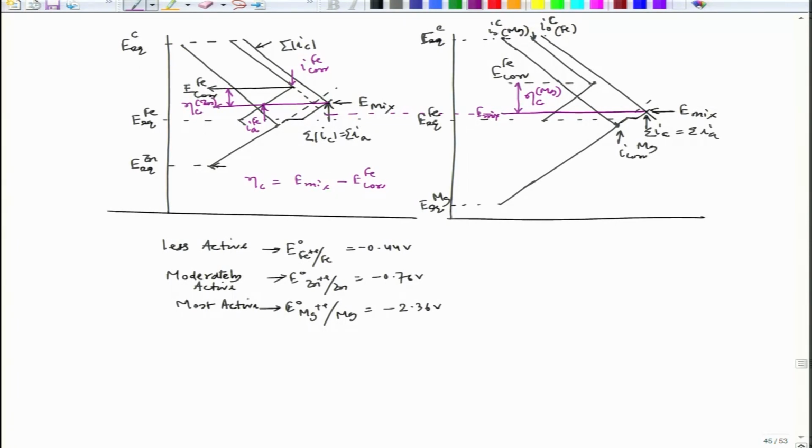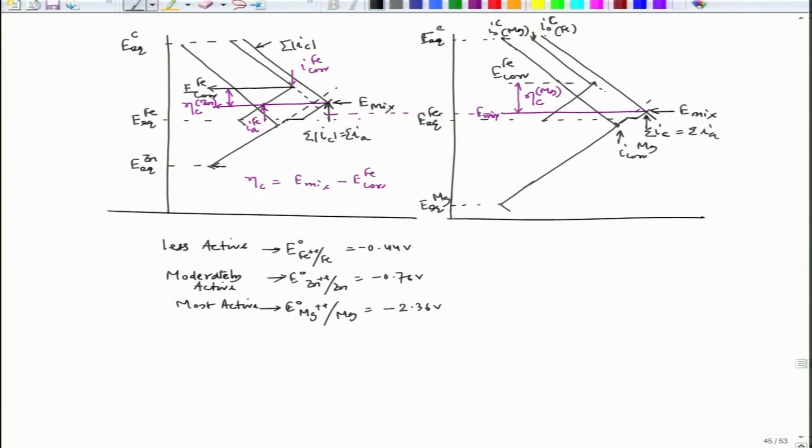I could increase that eta C, or the cathodic polarization, when we connect it to magnesium, since magnesium is the most active if we compare the E 0 values of iron, zinc and magnesium. So in that case I could increase the cathodic overvoltage, or the cathodic polarization.